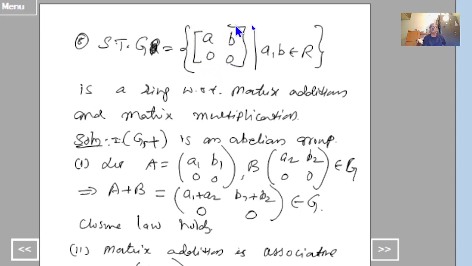So 1, 0, 0, 1 is not here. Therefore, G is without unity.